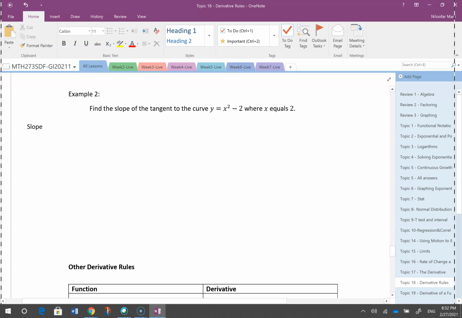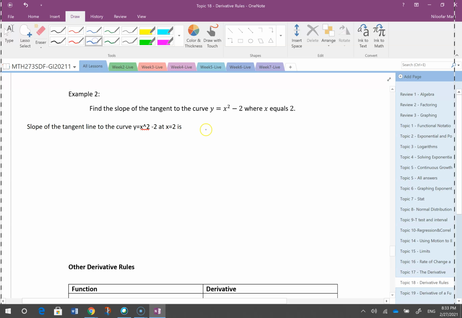So, the slope of the tangent line to the curve y equals x squared minus 2 at x equal to 2 is, I can type it, y prime at 2.